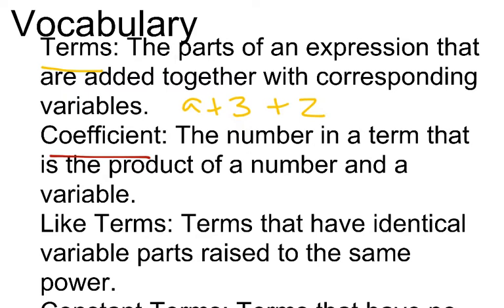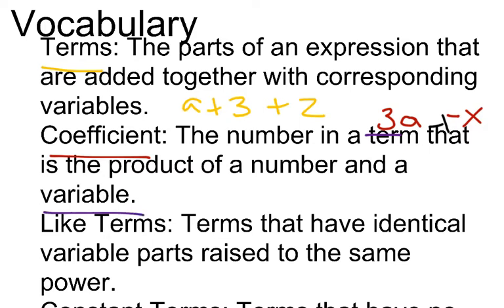For example, in the expression 3a, our coefficient is the number in front of that, so it's 3. In a term like negative x, of course that means negative 1 times x, so your coefficient there would actually be negative 1.